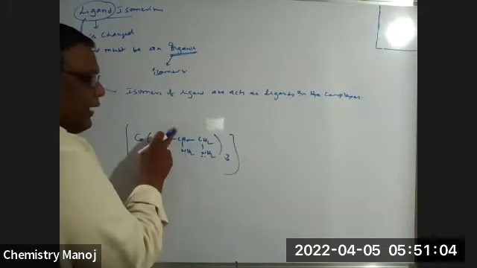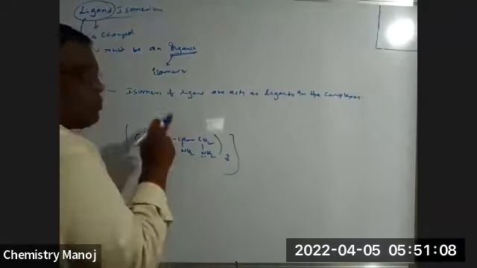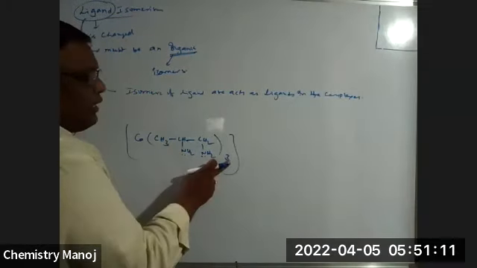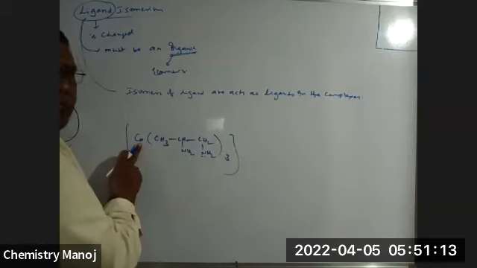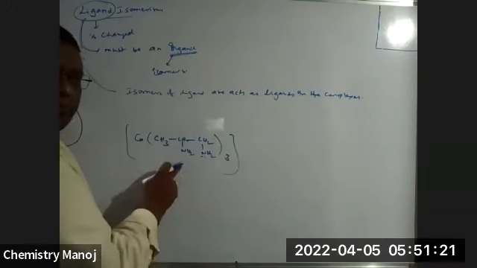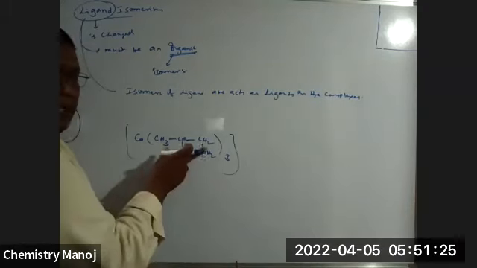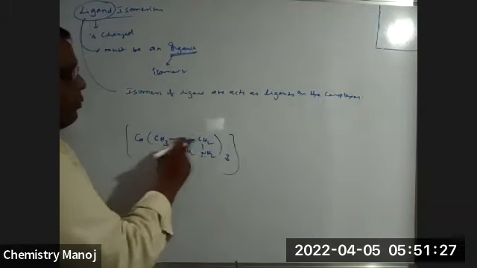Because it is a bidentate ligand, one molecule uses two donor atoms, two coordinate bonds, so three ligands give a total of 6. The coordination number in this case is 6. Now, what are those donor atoms? Nitrogen, nitrogen. Now, what is the name of this ligand? It is an organic ligand. It is propane.